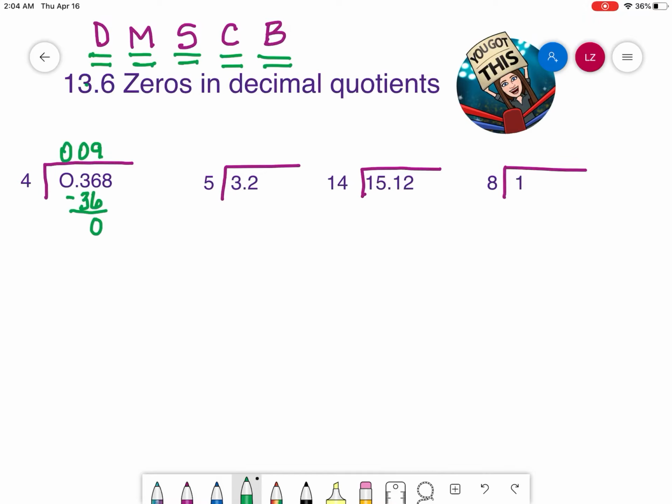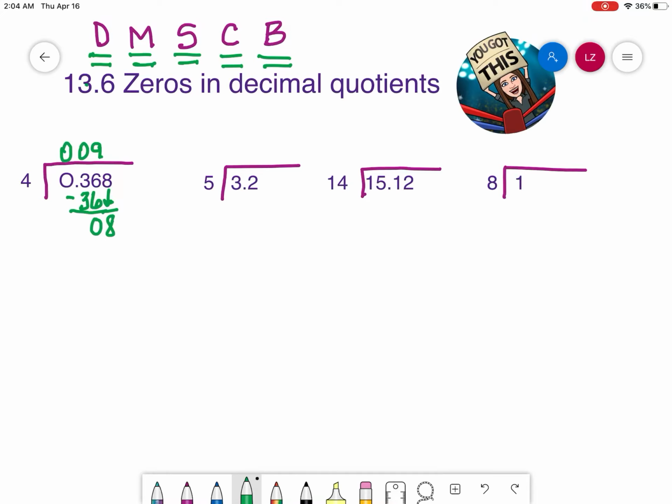We can keep going. So we checked, now we bring down that 8. And then once you do that, you start all the way over again. You do not ever stop long division until there's nothing left to bring down anymore. If you bring something down, that means you have to start over and do the whole process again.